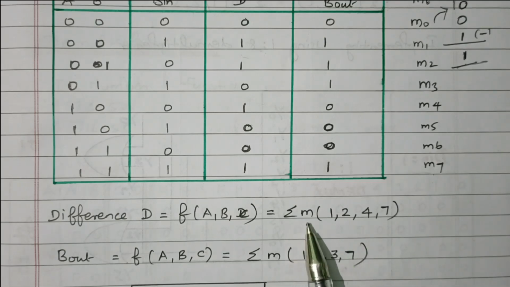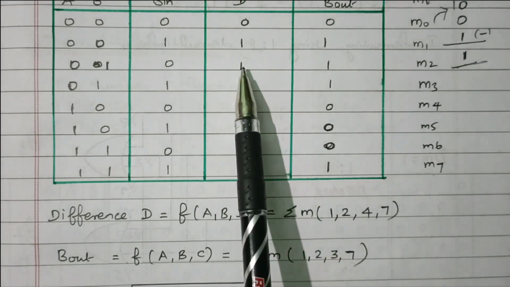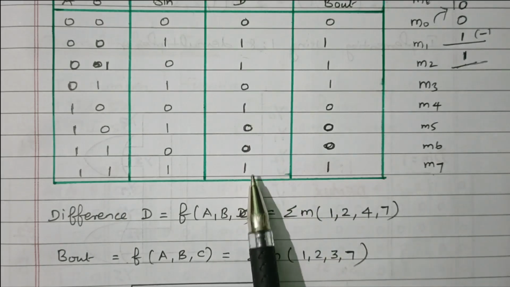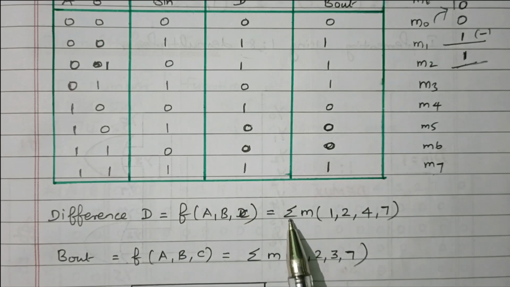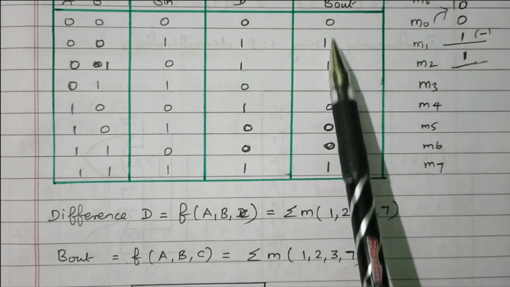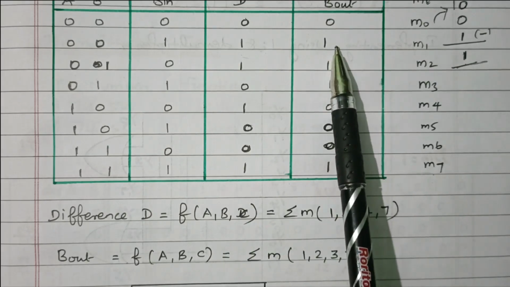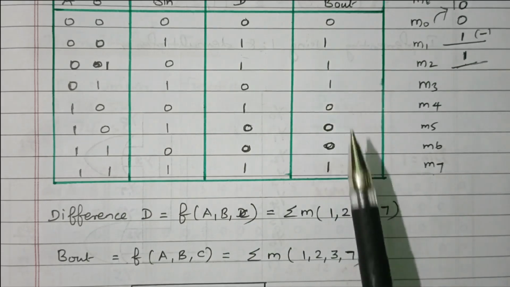So the difference, as a logical expression in terms of min terms, is the sum of min terms 1, 2, 4, 7. In the case of borrow out, it is 1, 2, 3 and 7.